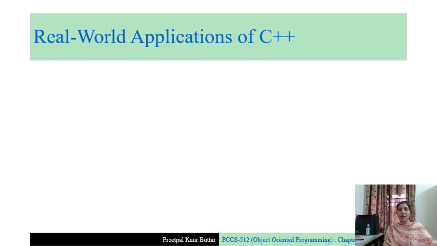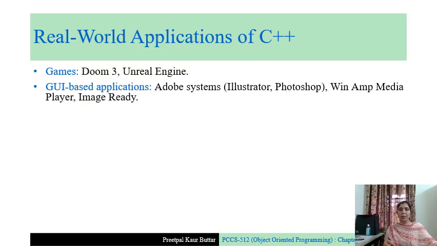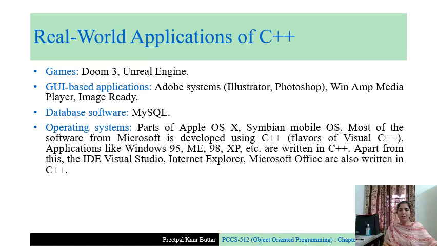Some real-world applications of C++: games such as Doom 3 and Unreal Engine; GUI-based applications such as Adobe Systems Illustrator, Photoshop, Winamp Media Player, ImageReady; database software like MySQL; operating systems such as parts of Apple OS X and Symbian Mobile OS.